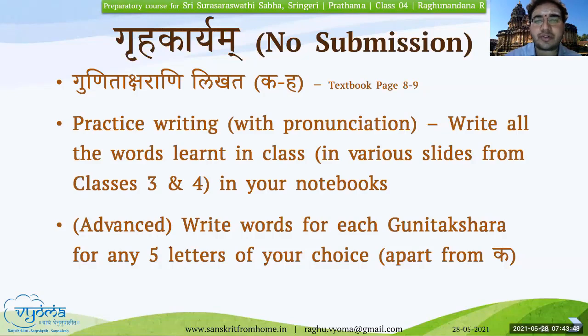For example, choose chakara, cha. For cha, what is there? Chamasaha, for example. I'm just giving a few examples. Similarly, if you choose some other letter, damaha, dana, danam, dinankaha, dinaha, and so on. In this way, choose at least 5 letters from ka to ha and try to fill in all the words which have these Gunitaksharas in them. So these are the homework.